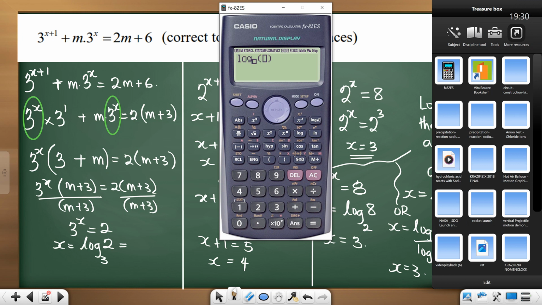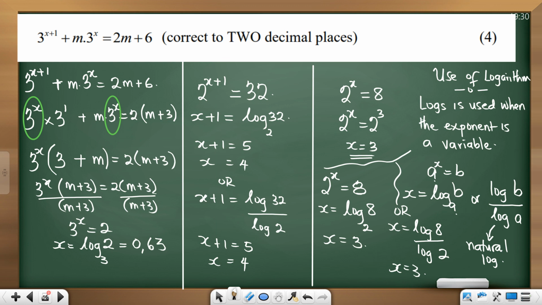Log, my base is 3, and the main number is 2. What's your answer? 0.63. And that is your answer. I hope it makes sense, guys. The use of logs. Check where it came. It came in question 1. Everything we are doing, guys, it's in question 1.